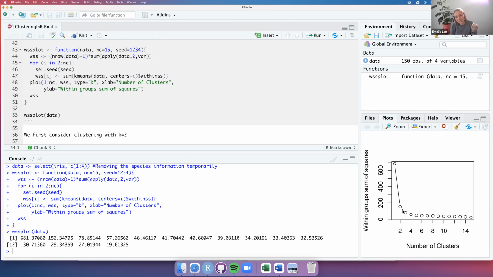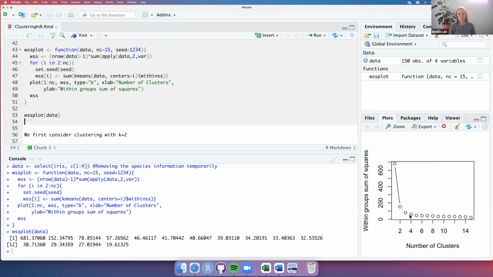You can see that it decreases as we move through the number of clusters. But once we hit 4, you can see that there's not real improvement here.